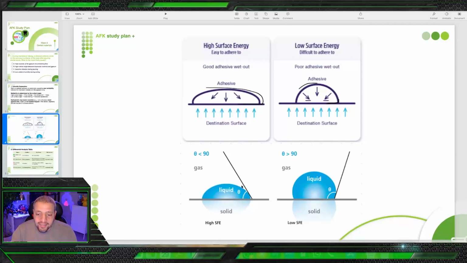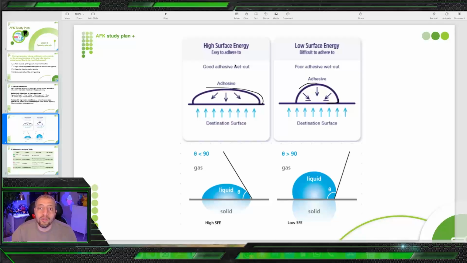So contact angle is this angle, the angle forming between the liquid and the surface. So what is the liquid and the surface in our example here? The liquid is the stone itself, and the surface is the alginate impression, or the impression you are going to pour. So here, as you can see, when the contact angle is small, acute, the contact area is small, so the surface contact between the liquid and the surface is big.